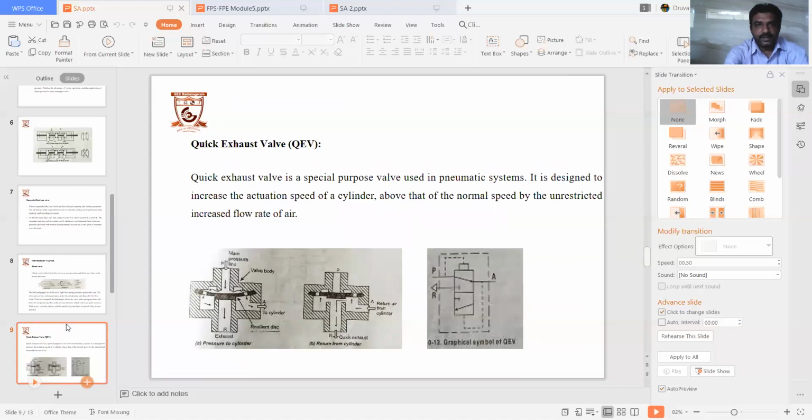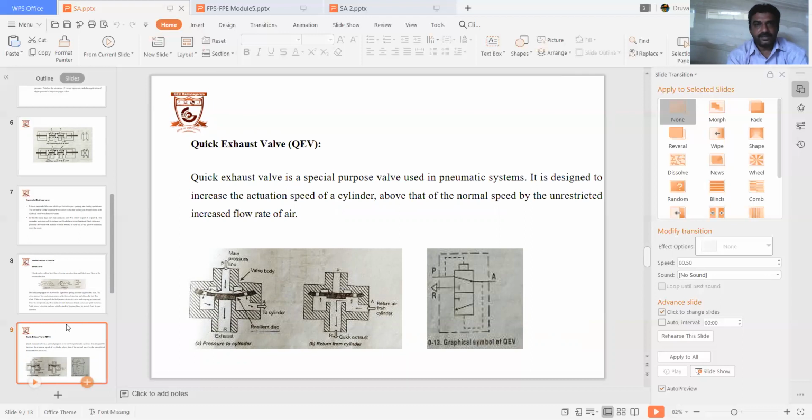So the third type is quick exhaust valve, or it is indicated by QEV. So the figure shows the quick exhaust valve. It's a special purpose valve used in pneumatic systems. It is designed to increase the actuation speed of a cylinder.